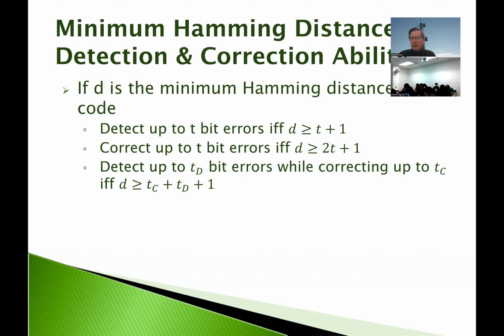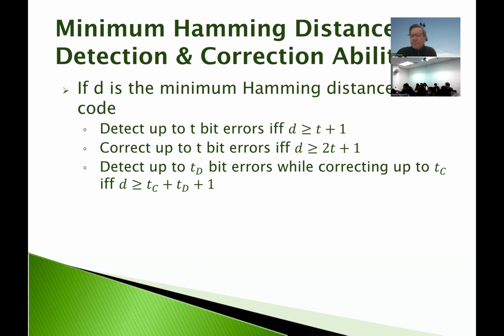So a little handy dandy relationship there. Finally, we can detect up to T sub D bit errors while correcting up to T sub C bit errors if and only if D, the minimum distance in a code, is greater than T sub D plus T sub C plus 1.